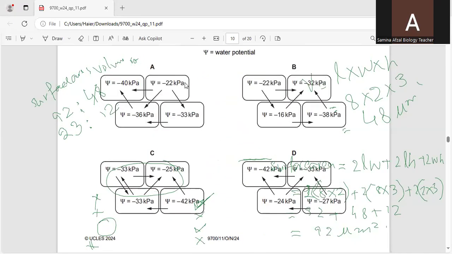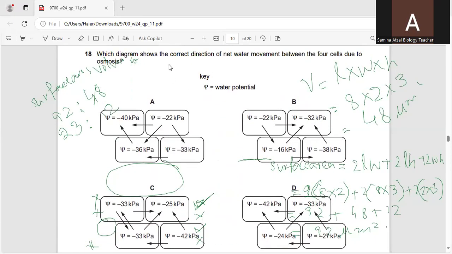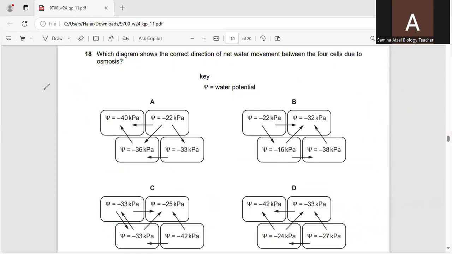Now the next question: which diagram shows the correct direction of net water movement between the four cells due to osmosis. You know, in osmosis, the water moves from its higher water potential towards the lower water potential. So they have shown this water potential sign.